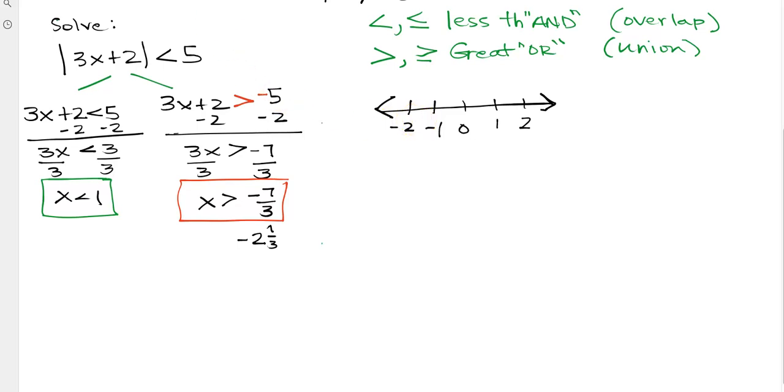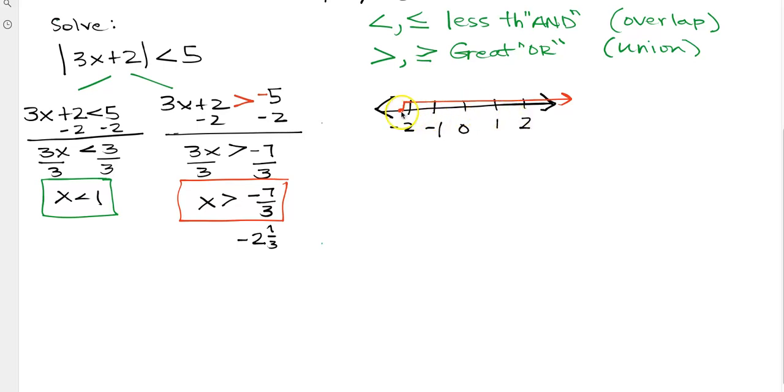Okay, so I'll graph this one first since we were talking about it. We're saying x is greater than -2 1/3. So I'm going to say that's kind of here, right? And then it's everything greater than it, so everything to the right. And then on our other one, x is less than 1.